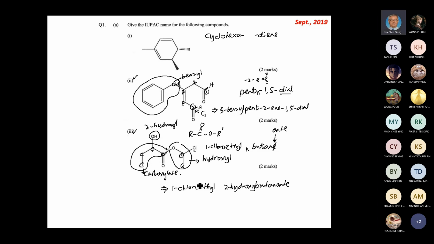Okay, all right. Now we go to question number 1. Question number 1, we have to go by priority, which is the double bond should have the lowest number possible. So this is 1, this is 2, this is 3, and this is 4. Or this is 1, 2, 3, and 4. So we have to give the numbers as small as possible for the alkyl groups over here.